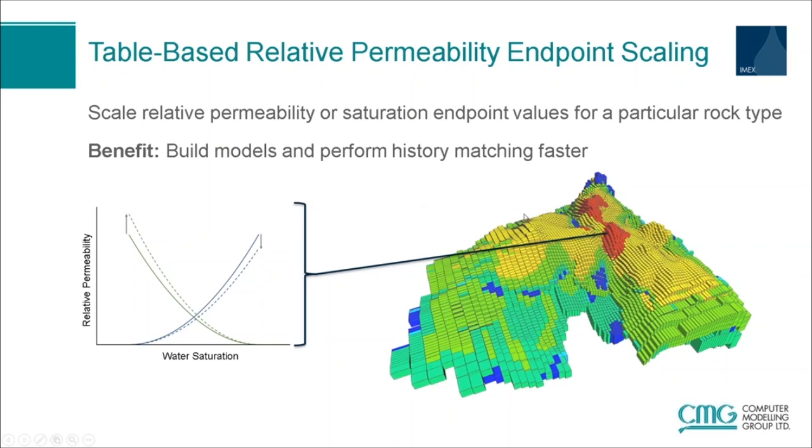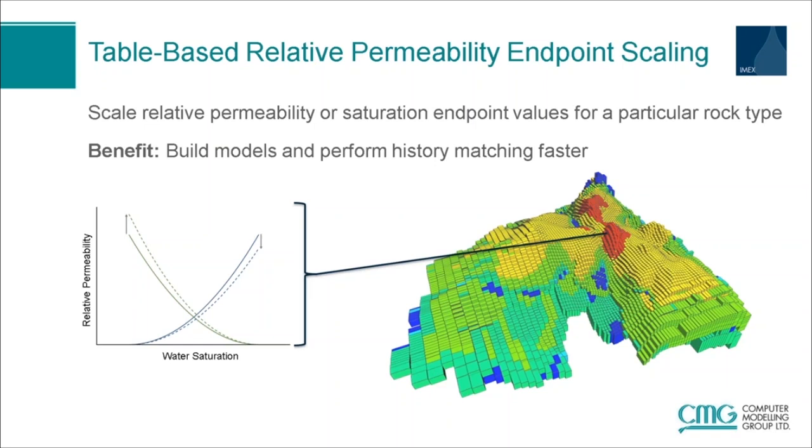The engineer may want to change the relative permeability endpoints for just one of these facies. So instead of having to define the same endpoints for all of these other grid blocks and change only the one shown in red here, the engineer could use table-based scaling to scale only the table that's applied to these red blocks here. So it's a lot more convenient for changing just specific areas of your model.